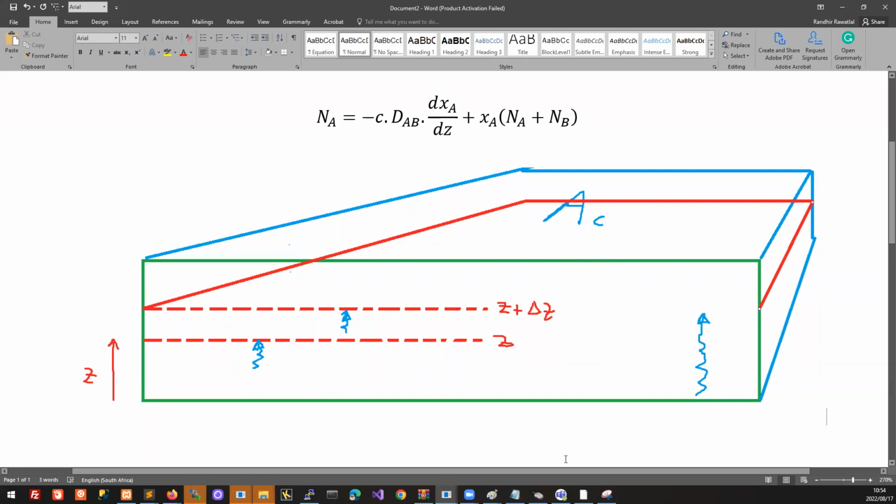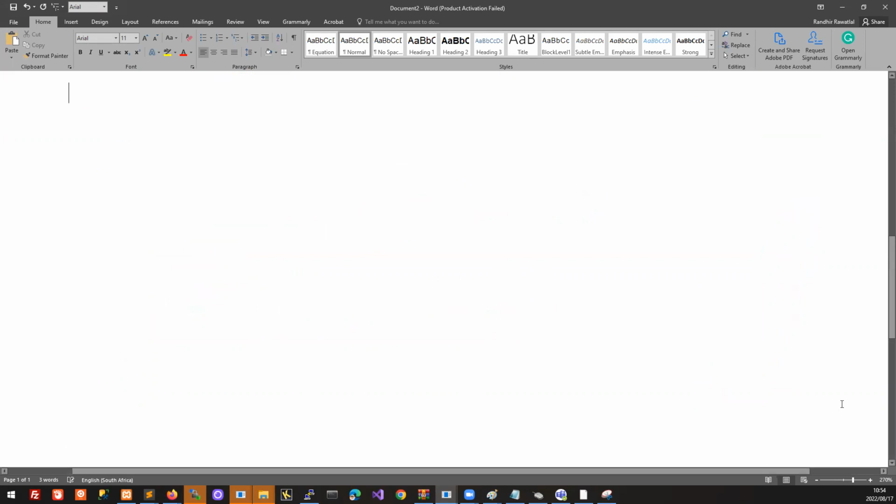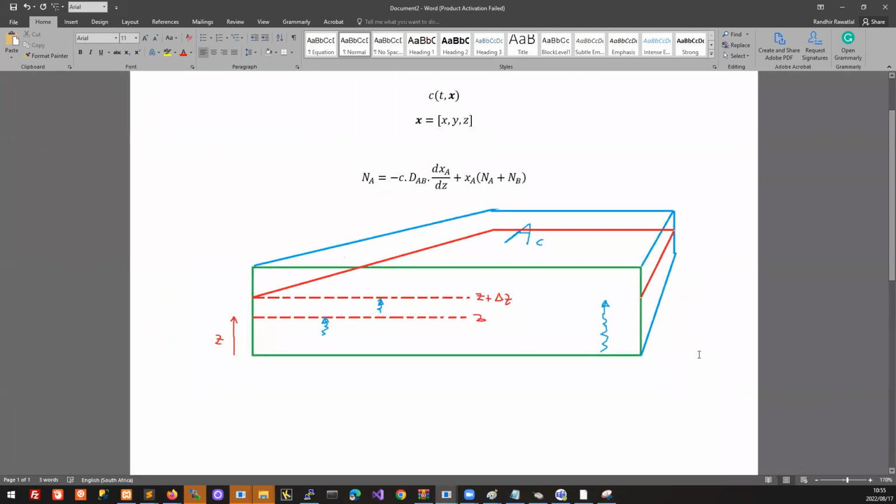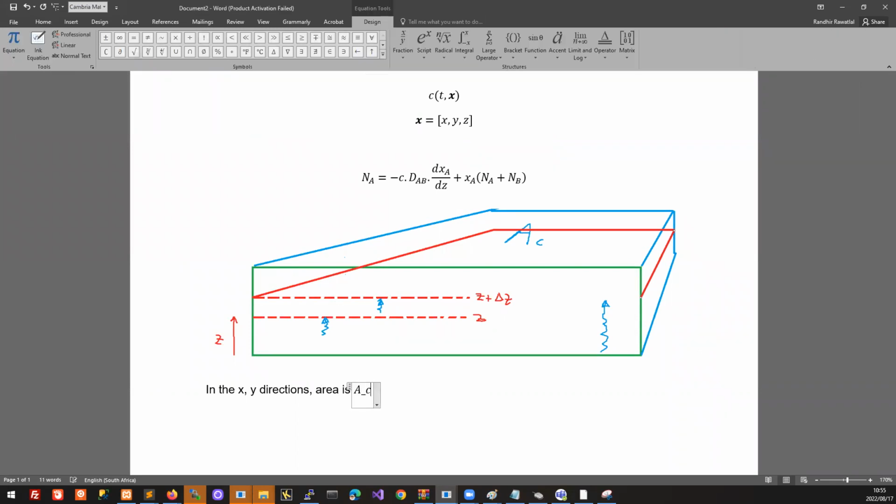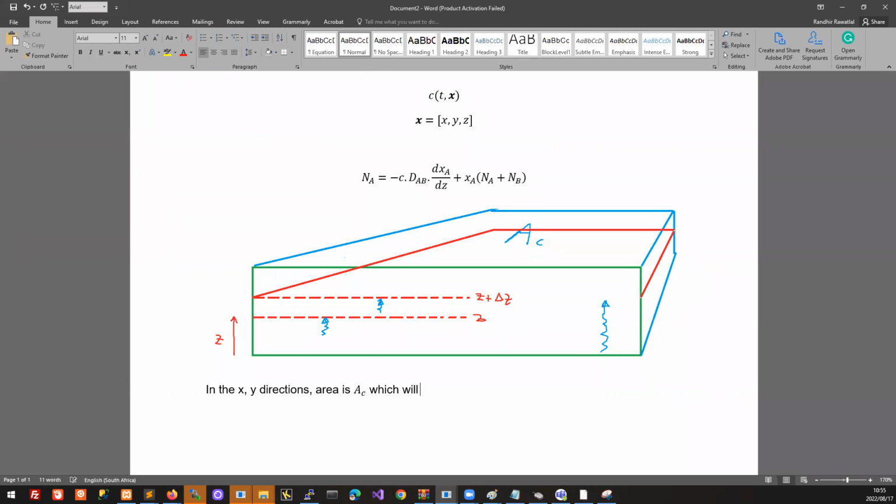So in the X and Y directions, the area is AC, which will be the area into which the water is diffusing at each layer. So diffusion is in the Z direction.